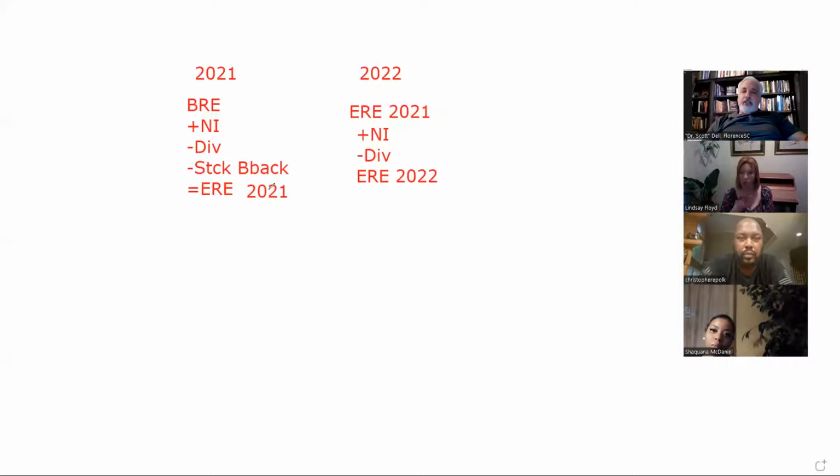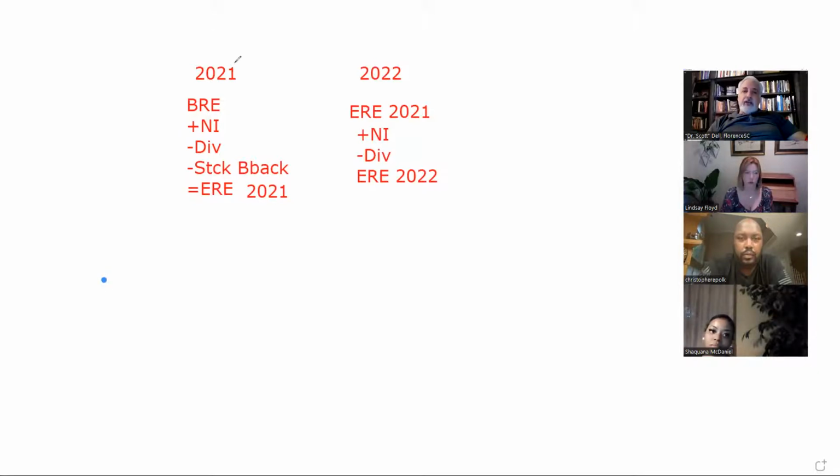Now, let me go back there for a second, because you might get a question, like it was on the quiz, and say, I'm given the ending retained earnings, I'm given the dividends and net income, what's my beginning retained earnings?